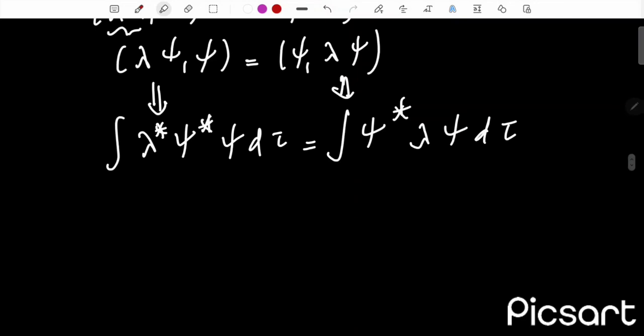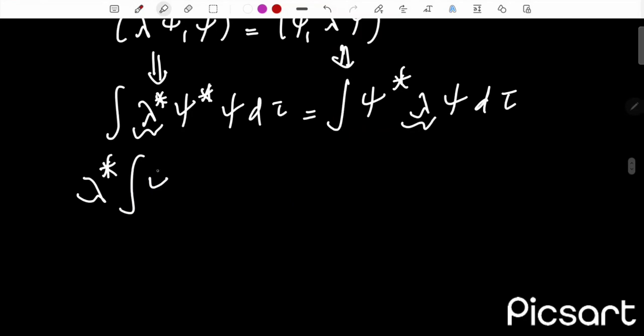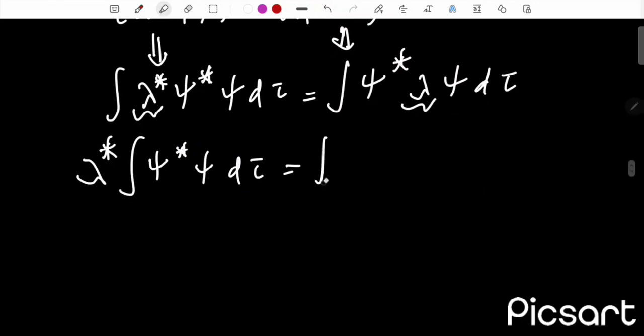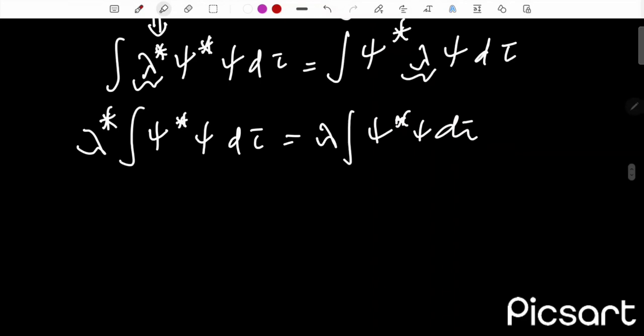Okay. For now, lambda complex conjugate is a number, and also lambda is a number. We can take them out from the integral, and we get now lambda star times the integral of psi star psi d tau, and also here we have lambda times the integral of psi star psi d tau.